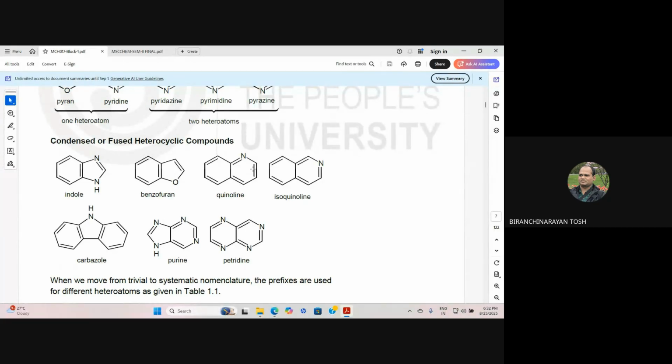At first position, if nitrogen, quinoline. At second position, then it is isoquinoline. Similarly, carbazole, purine containing 4 nitrogen, and if both are 6-membered rings containing 4 nitrogen, then it is pteridine.